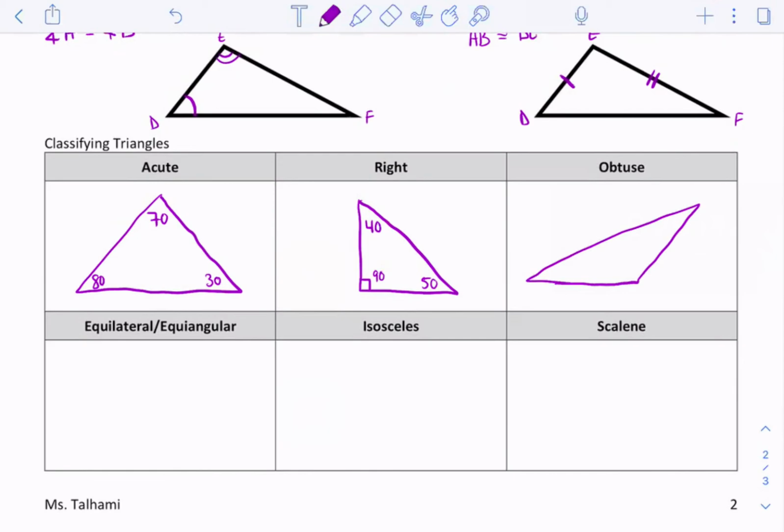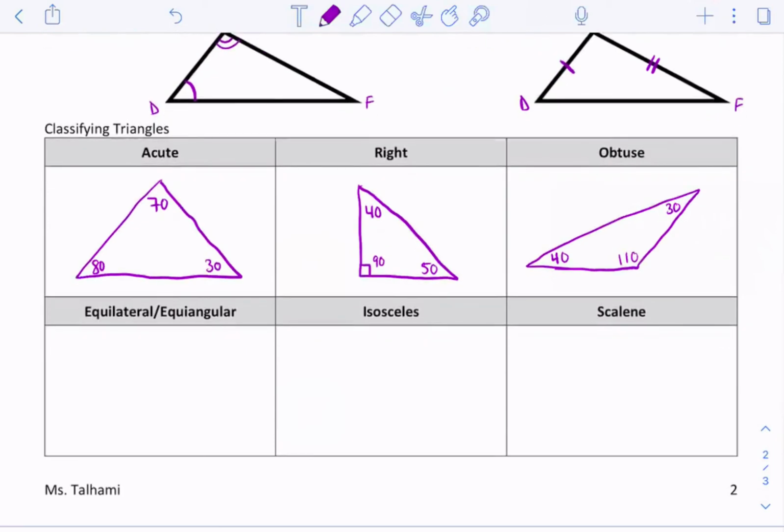Notice how this is 110 degrees. If it's 110 degrees, then the other two angles would also have to be acute. So I could only ever have one angle that's obtuse, or one angle that is right, or no angles obtuse or right. But I cannot have more than one.